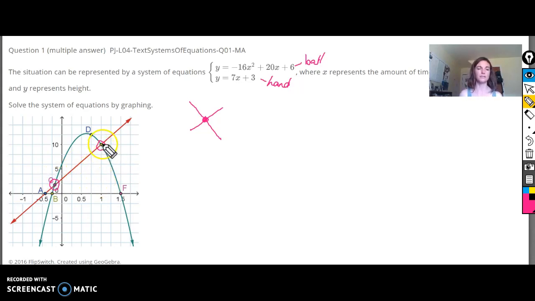They cross here at what looks like t equal 1 and h equal 10, and then over here at about t equal negative 0.2 and a little bit less, and h equal less than 2. Those are the 2 points that it looks like they cross.